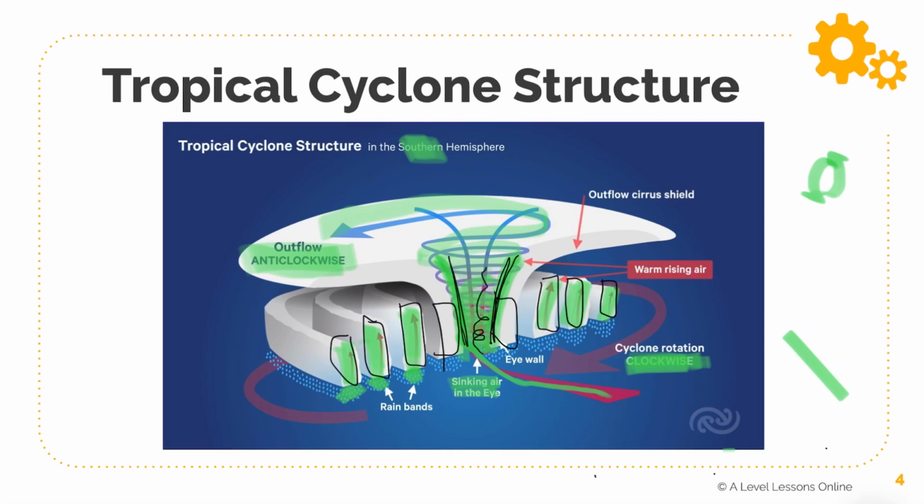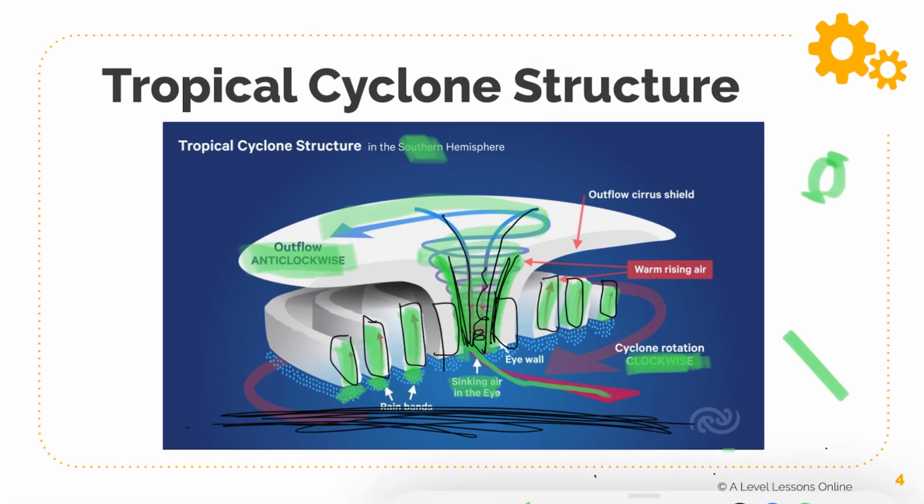And then there will also be air which sinks, because like we've said, hot air rises, cold air sinks. So this is how it will form. Basically the ocean will be somewhere below the cyclone. So this is roughly how the structure of a cyclone is supposed to look like.